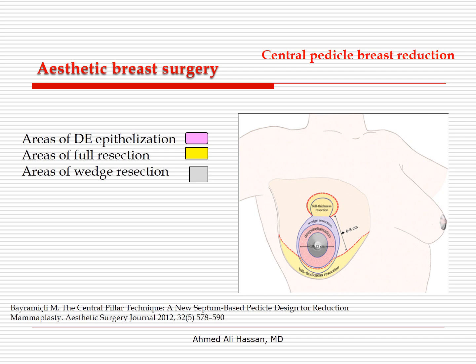Here we do deepithelialization circumareolar around the areola. Okay, and the area marked in yellow color is the area of the new nipple areola. This is for the new nipple areola complex, and blue for glandular resections.